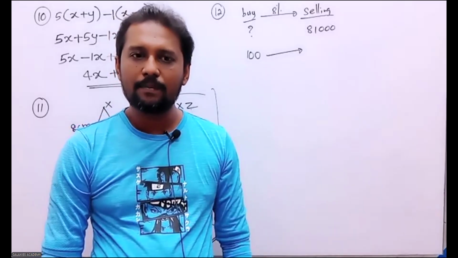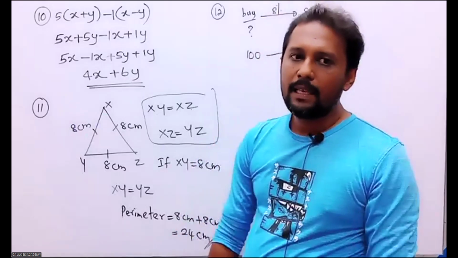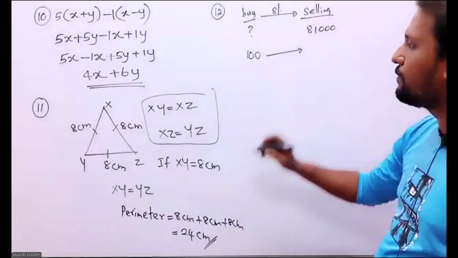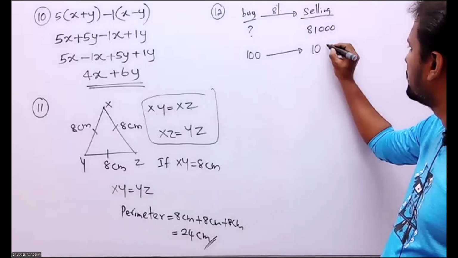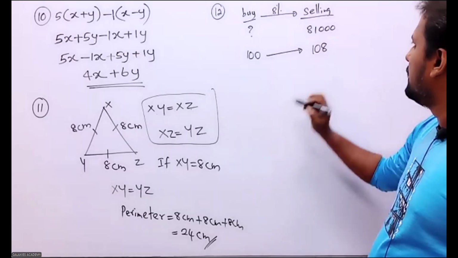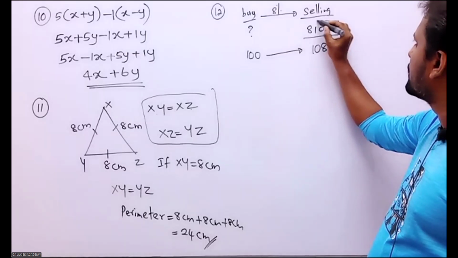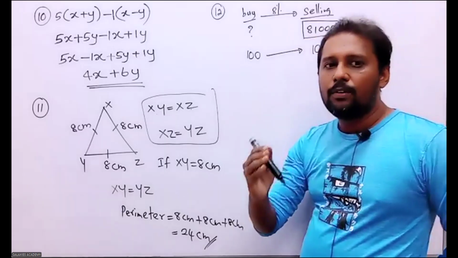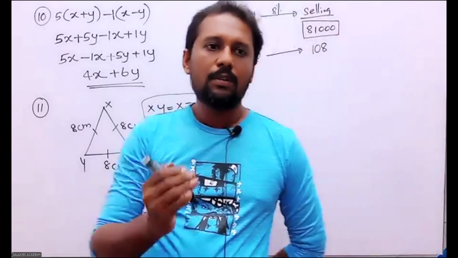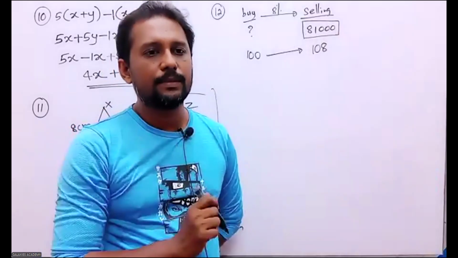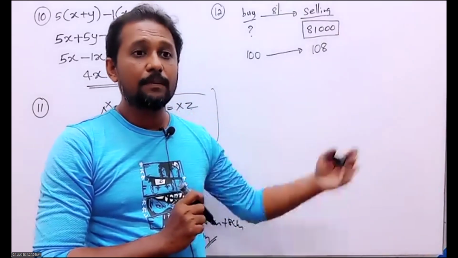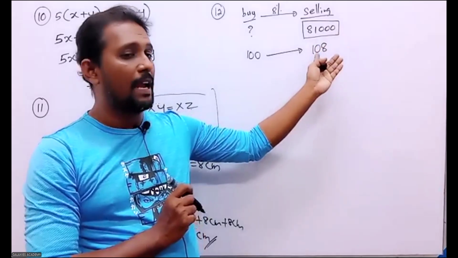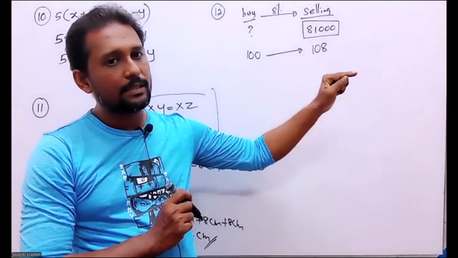What should be the selling price? 108, right? 108. Then 81,000 mean the value of 100 or the value of 108? Selling price, no? So it is the value of 108.